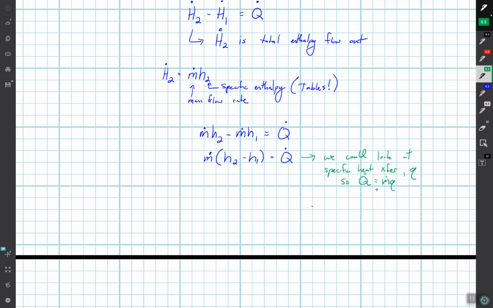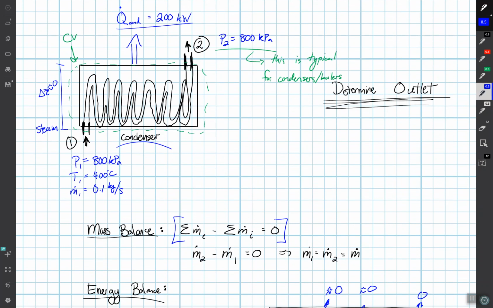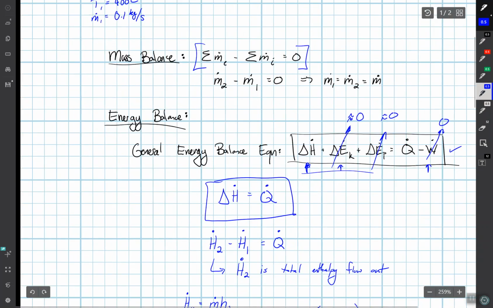This is the typical thing that we're going to see. The capital is equal to mass times the lowercase. If it has a dot, then the mass has a dot. But this isn't super helpful for us in this problem because we actually are just given what Q dot is, right? If we scroll up to the top, we're given a Q dot up here of 200 kilowatts.